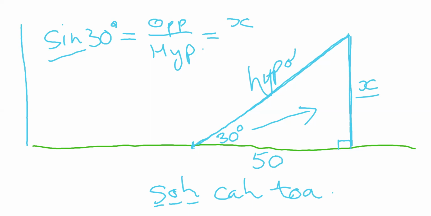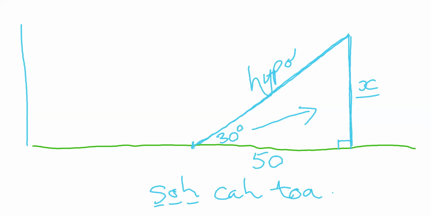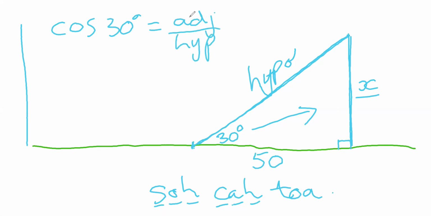Let's try another ratio. Cosine. Cosine of 30 degrees is equal to adjacent over hypotenuse. Do we know the hypotenuse? No, we don't.